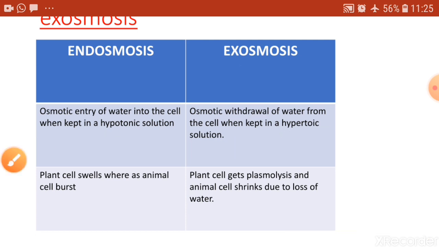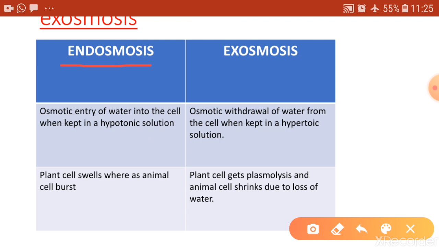Second difference is that when the cells are placed in a hypotonic solution, endosmosis will occur, and as a result of endosmosis, the cell swells. The plant cell will swell but will not burst because of the cell wall, but an animal cell is going to burst because of endosmosis.